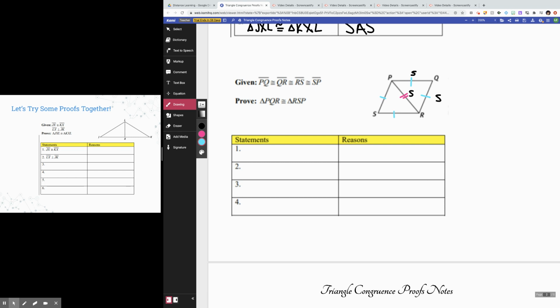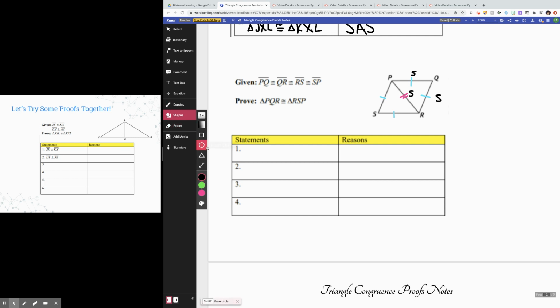Okay, so for example, I don't want to write PQ is congruent to QR. It's true, but those two sides are in the same triangle. See it right here? Same triangle. So that doesn't really help me very much, right? So I need to make sure that my congruence statements are matching up sides in different triangles.